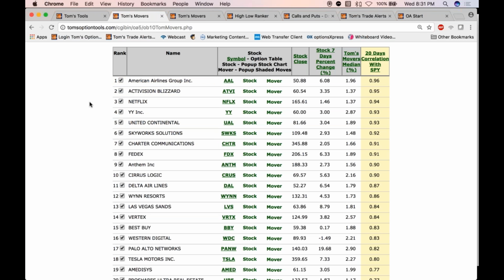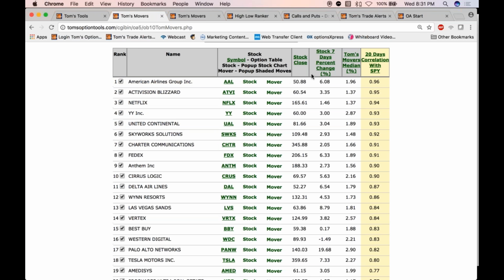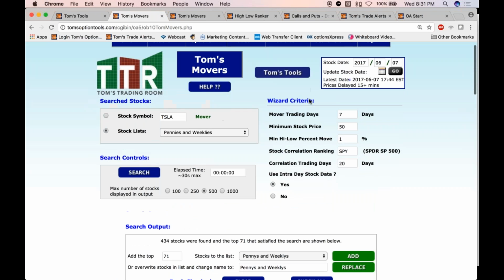What you don't know is that I'm also throwing a filter in there, which is a 7-day percent change filter. And what I'm looking for, come back up here and take a look at the wizard criteria. So last 7 days, has to be above 50 currently, has to move every day. The high-low has to be at least 1% of the stock price. So it has to be a mover, all right? Has to have some range to it.